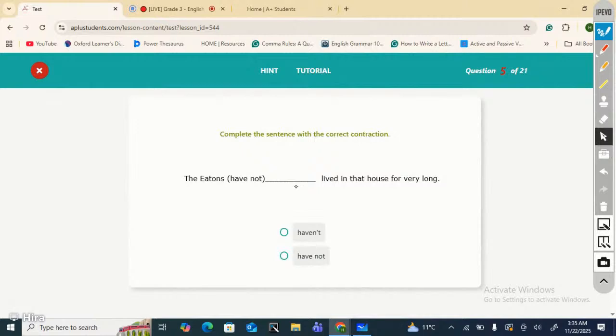Only one student answered. Haven't. Yes. Haven't is the contraction of these two words, have not.